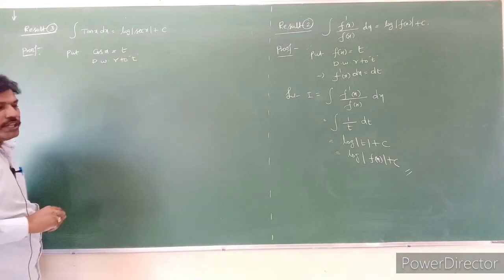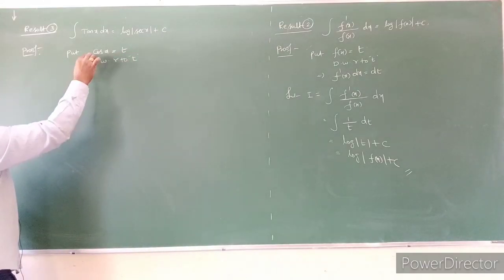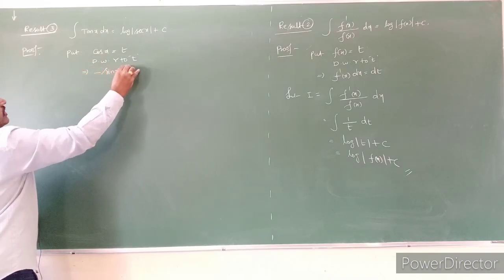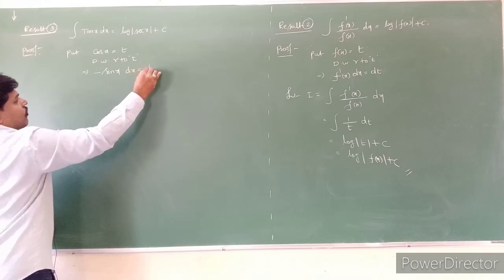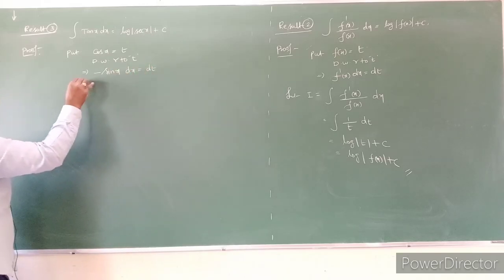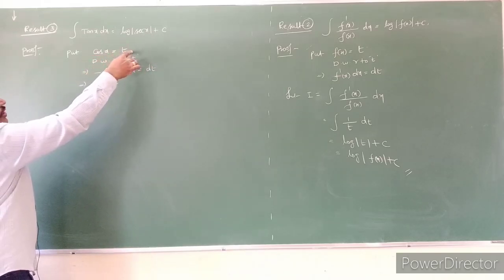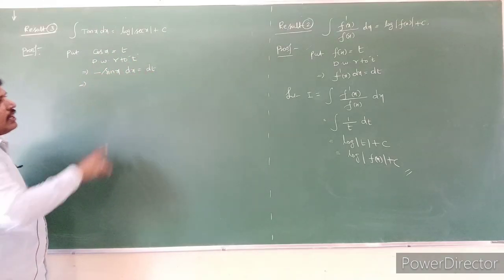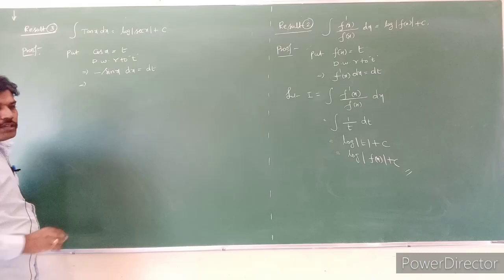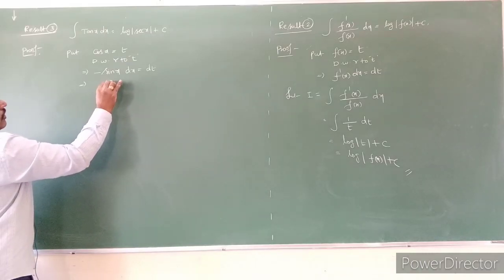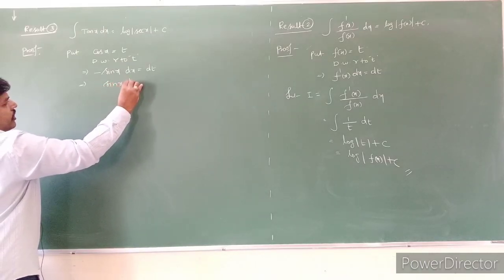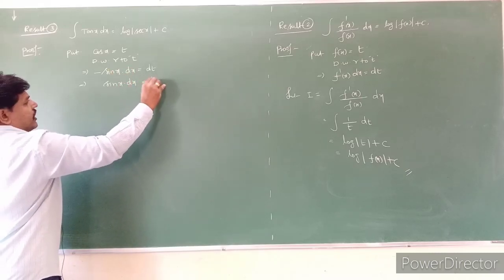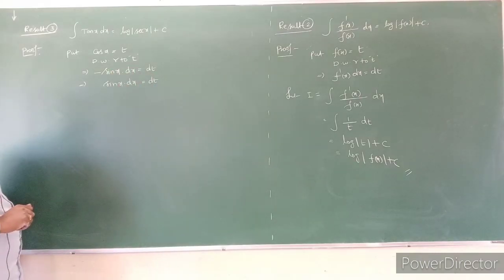The derivative of cos x is minus sin x into dx is equal to dt. Because if f of x is equal to t, the derivative is f dash of x into dx is equal to dt. So here sin x into dx will become dt.